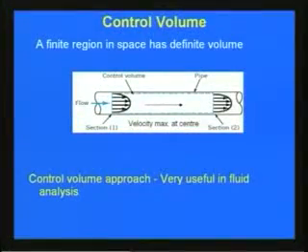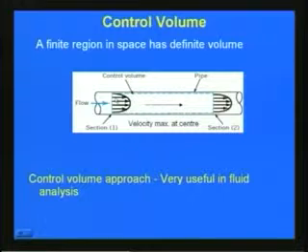Then another important definition is the control volume. As you can see in this slide, a control volume is a finite region in space and has a definite volume. Here you can see a pipe. Between section 1 and section 2, the fluid existing in that volume is the control volume which we are considering.